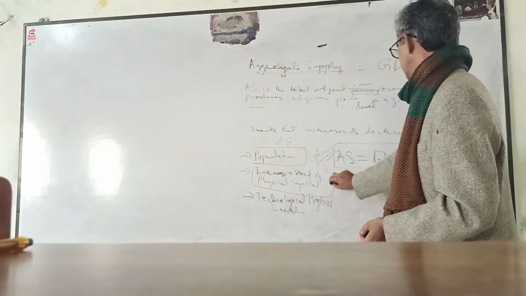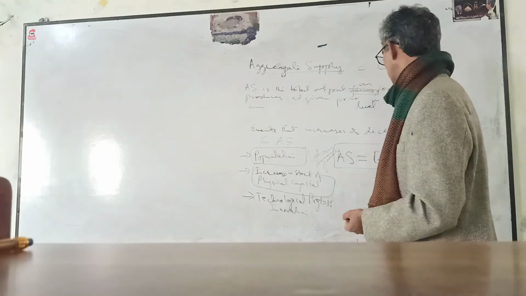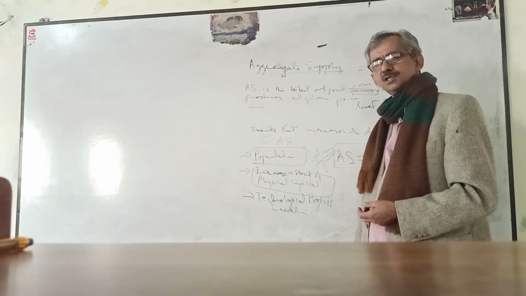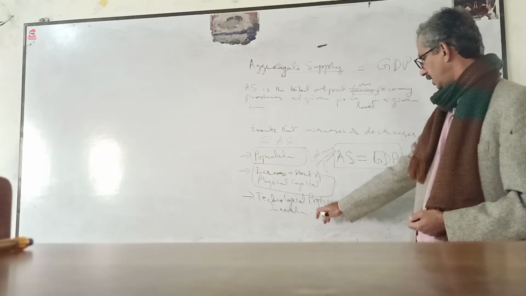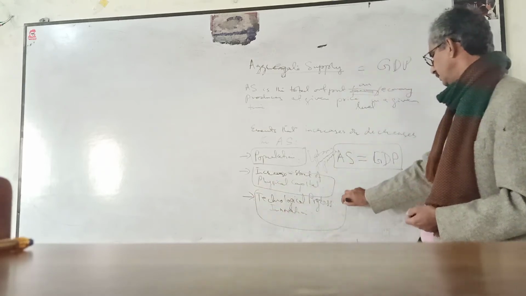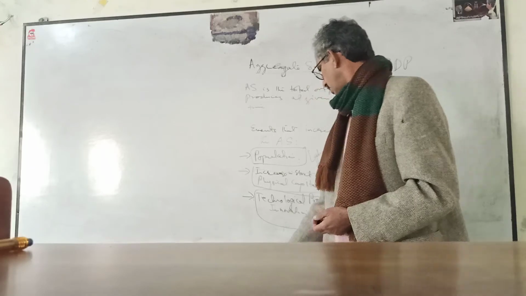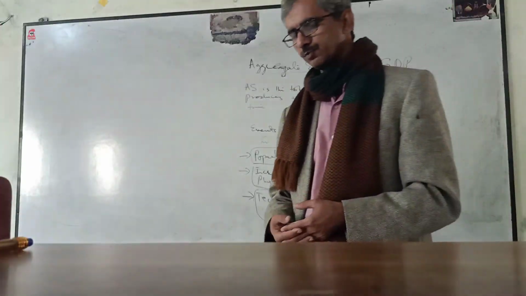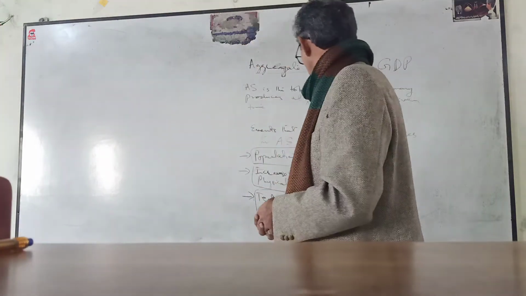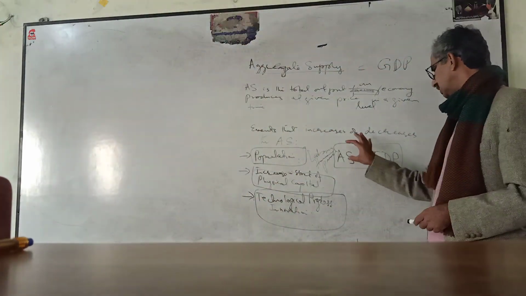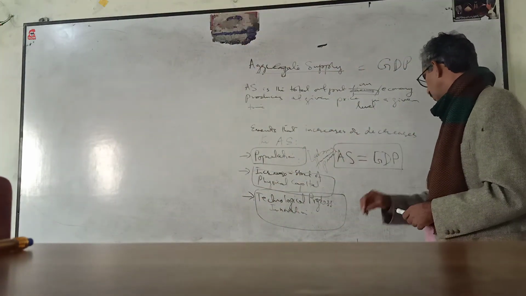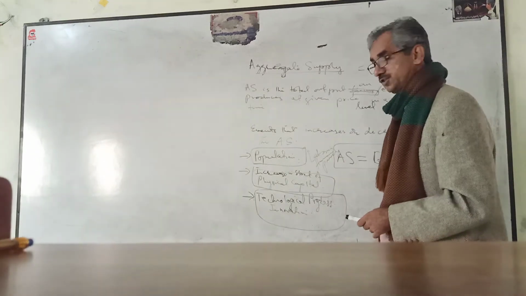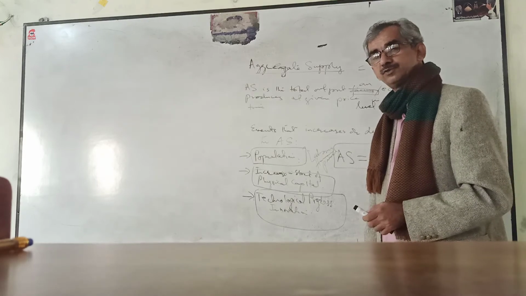Increase in the physical stock of capital, meaning machinery or tools, increases production. Another is technological progress or innovations. When we have new technology, the output can also be increased. So in simple terms, aggregate supply equals the GDP. This is simply the introduction of aggregate supply.